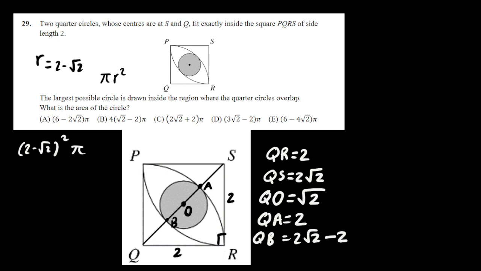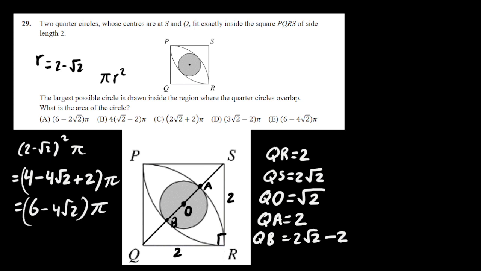And when we expand that, we get 4 minus 4 root 2 plus 2, and that's all multiplied by pi. When we simplify that, we get 6 minus 4 root 2, times pi. And as you can see, it is answer E. So answer E would be the correct answer in this case.